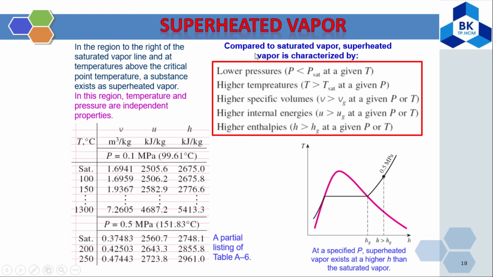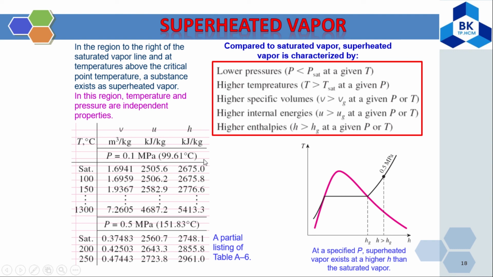For example, compared to saturated vapor, superheated vapor is characterized by lower pressure, higher temperature, higher specific volume, higher internal energy, and higher enthalpy.